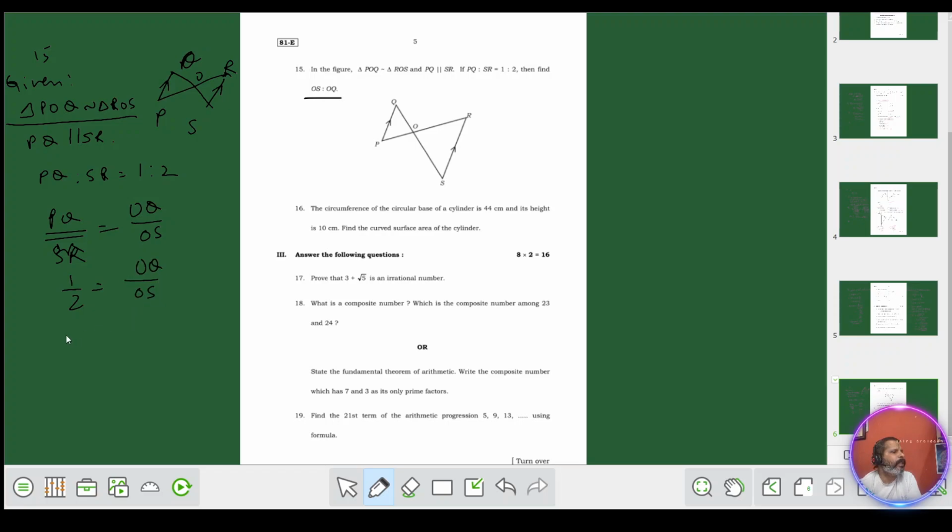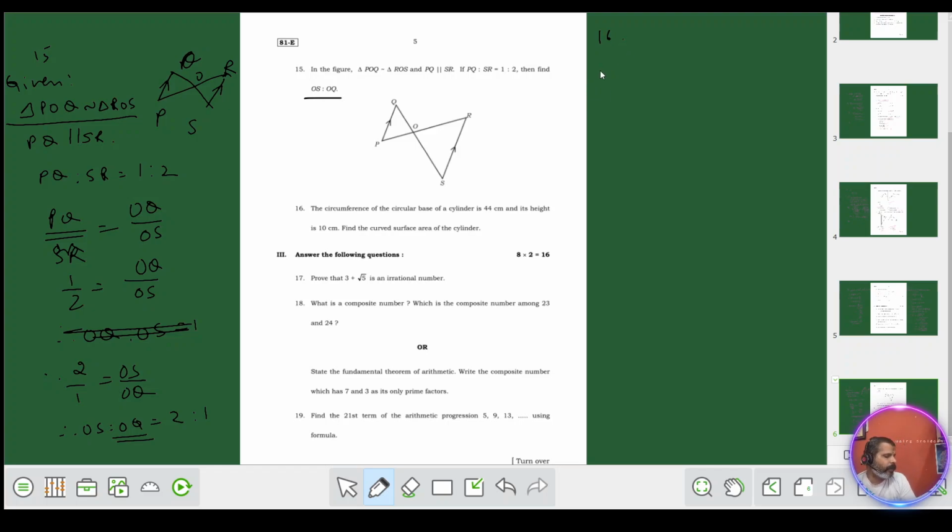Therefore, OQ is to OS is 1:2. But what is required here? OS and OQ. Therefore, we'll just reverse that. Means OS by OQ. Therefore, OS is to OQ is equal to 2:1. The last one in the first 1 mark question part.